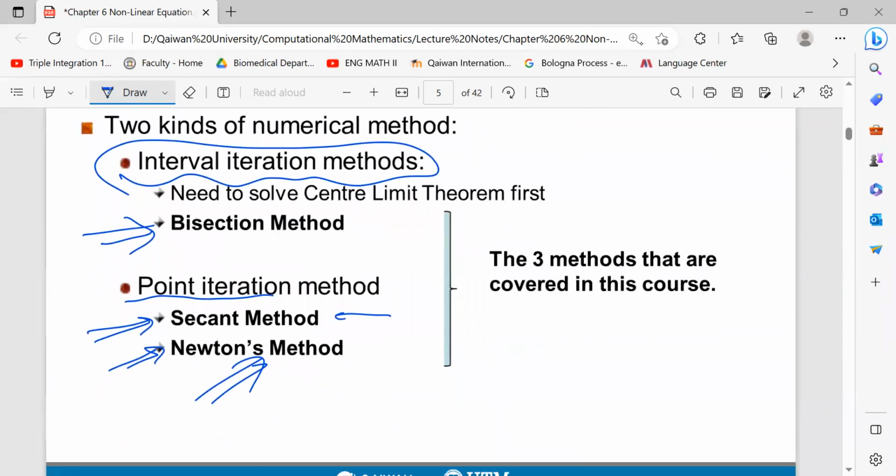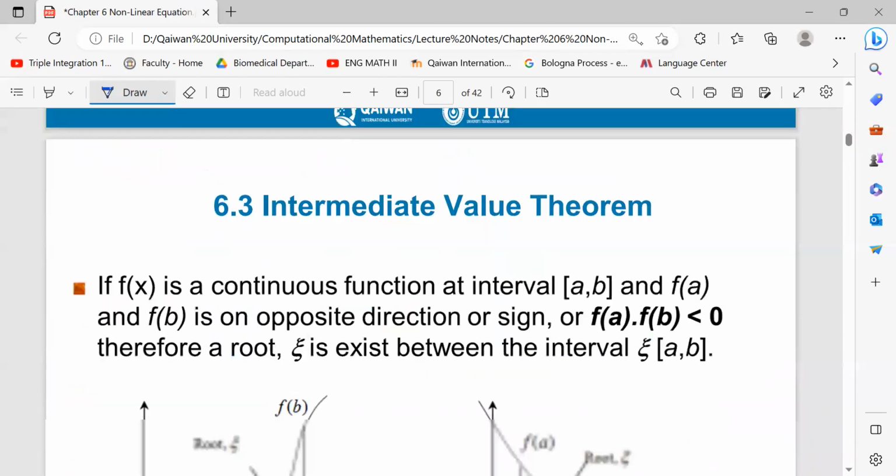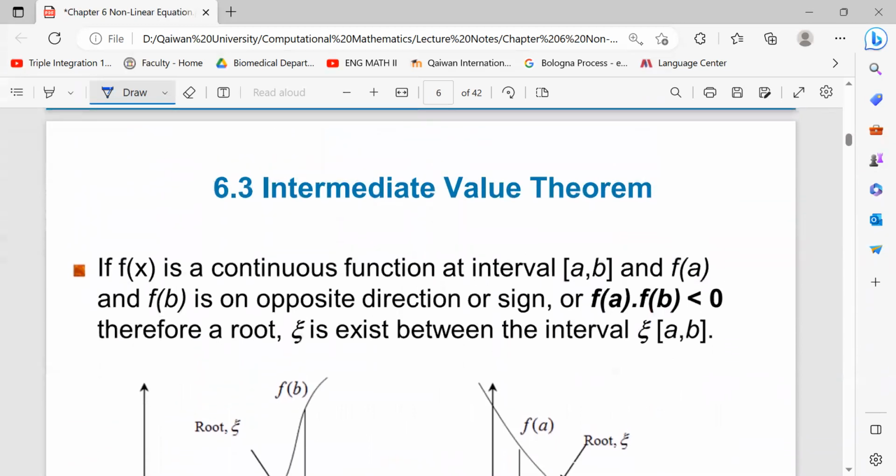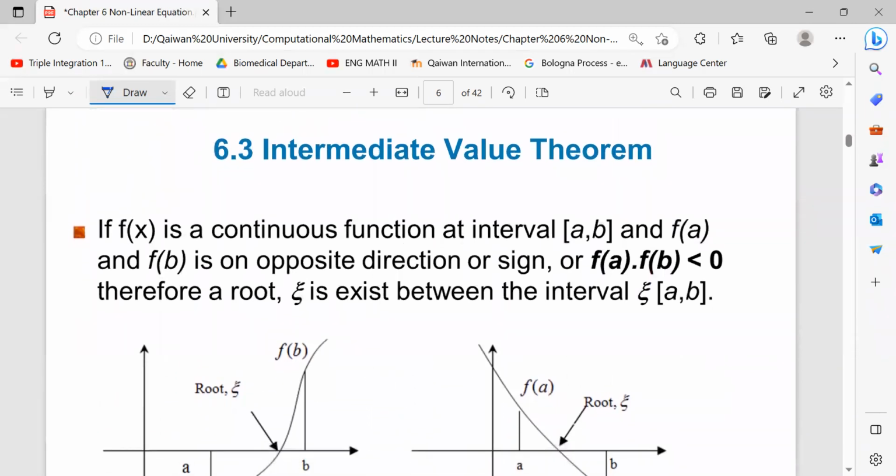In solving examples, it will be much clearer how to use these 3 methods. First, before we talk about the methods, we need to know what the intermediate value theorem is.